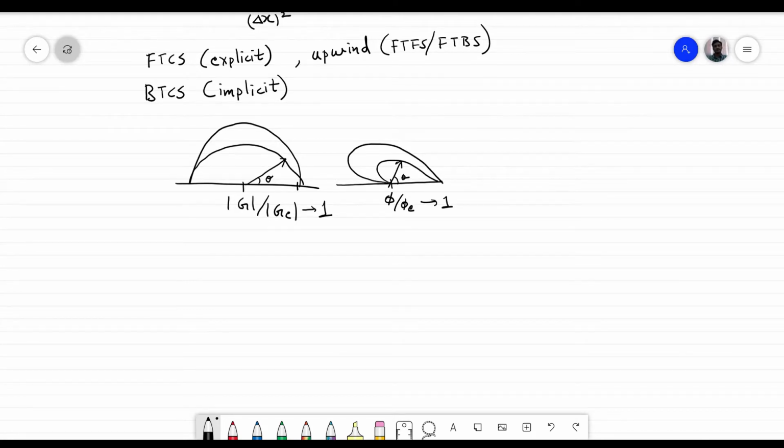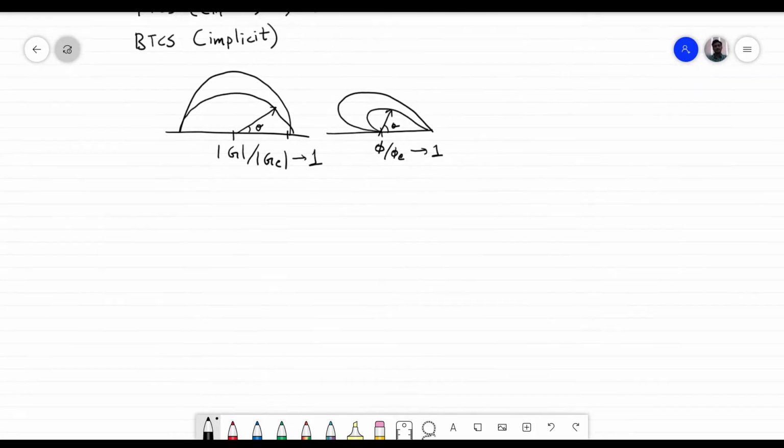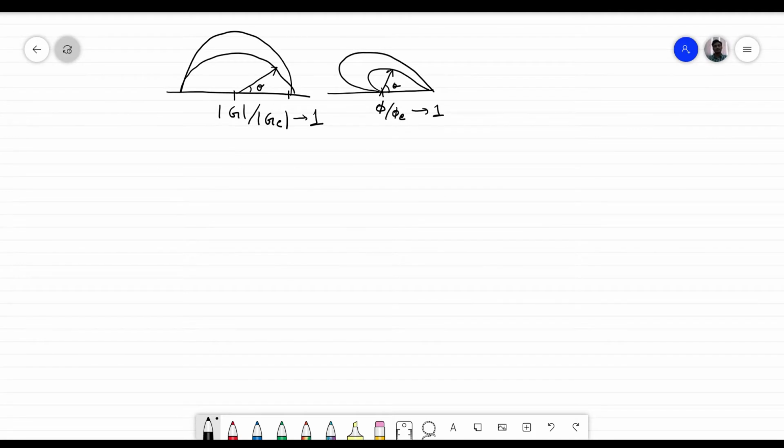We also discussed how to solve explicit equations on a computer, both for the wave equation and the heat equation. But there was one little issue with an explicit solution. There was a problem of unstable solution. Okay, the solution diverged, the solution blew up.